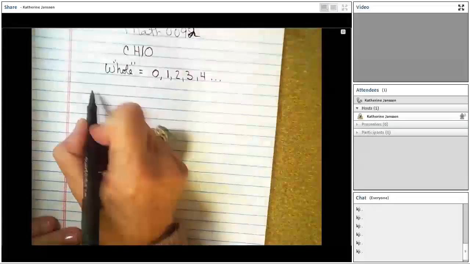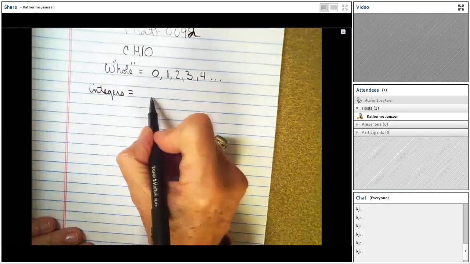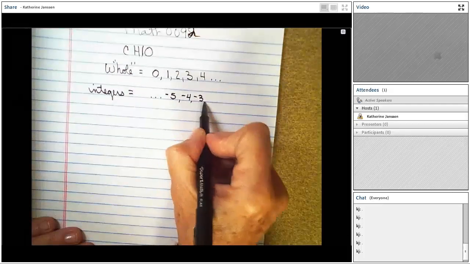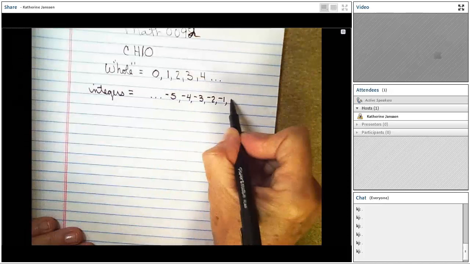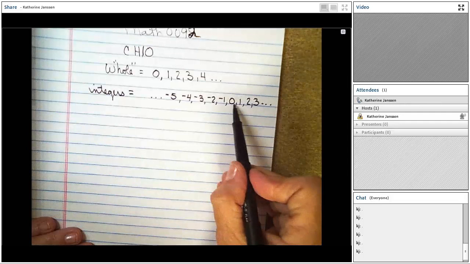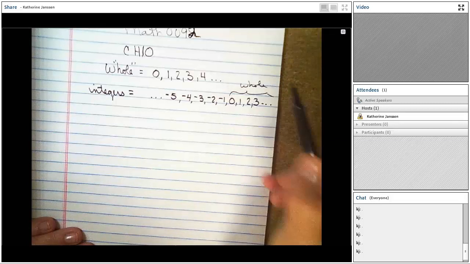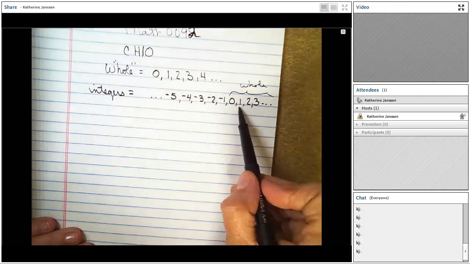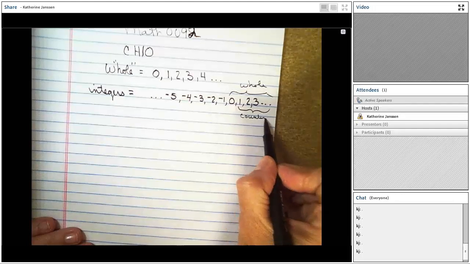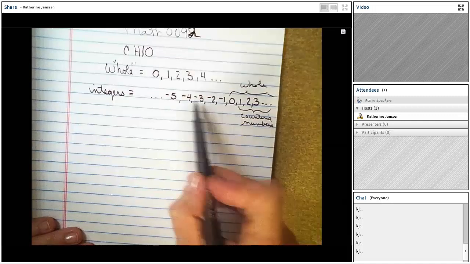We then introduce the integers. And the set of integers is, so we have our whole numbers right here, the counting numbers, which is right here, 1, 2, 3, 4, 5, and their additive inverses.